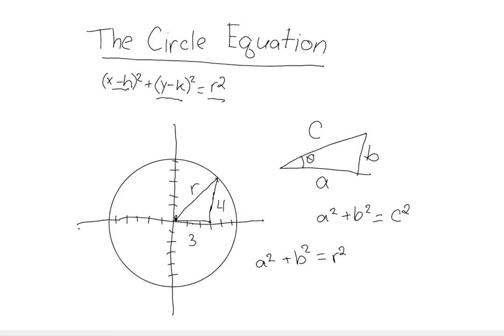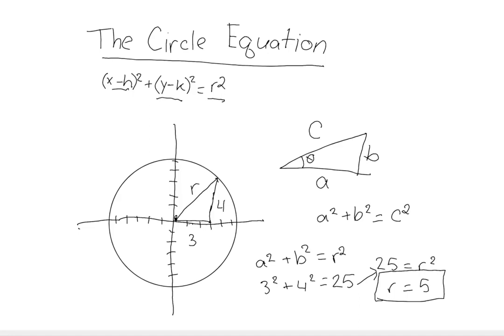Now, I could ask you how to find the radius, and you would just use Pythagorean's theorem, and you would know that the radius is equal to 5. So we're doing all this. How does that relate to this equation?